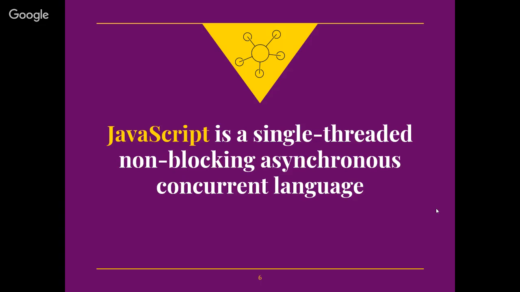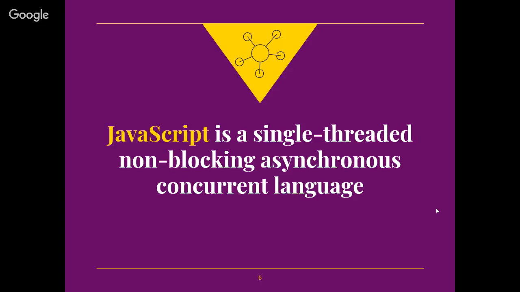So remember that we have web APIs. The web APIs are essentially threads that we can run code on. So essentially, they are what makes JavaScript multi-threaded in the browser. Remember, JavaScript itself is not multi-threaded. Like you see here, JavaScript is a single-threaded language.